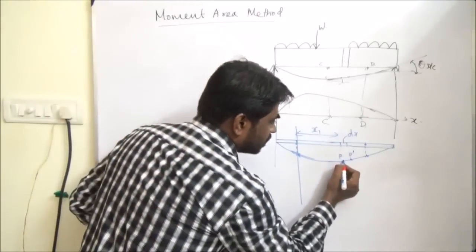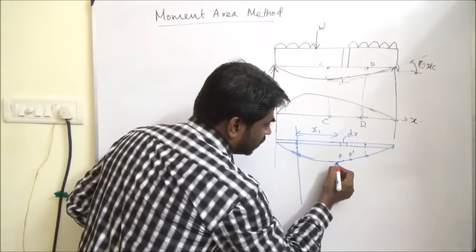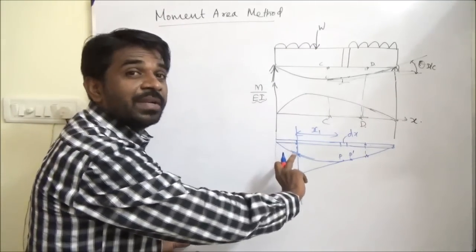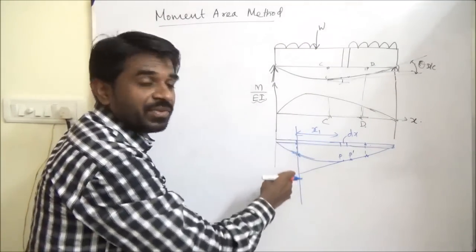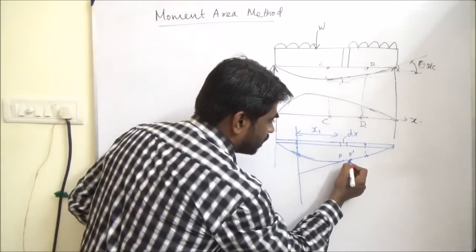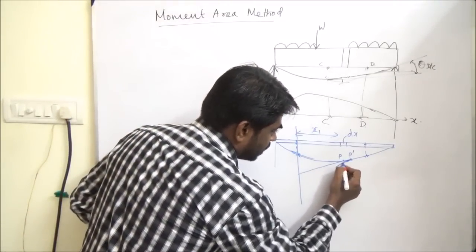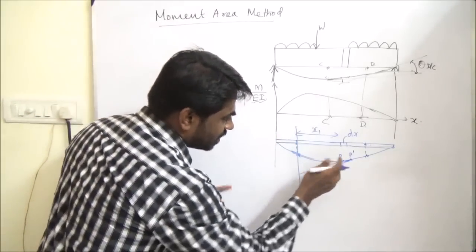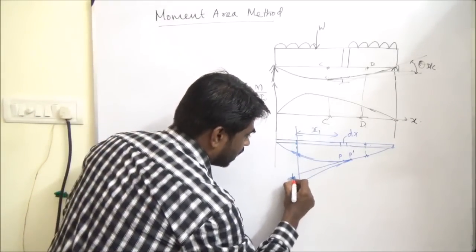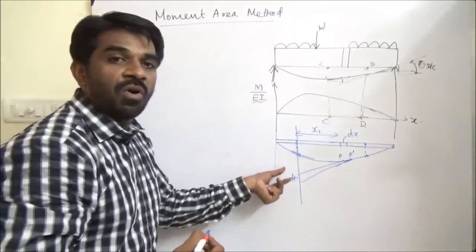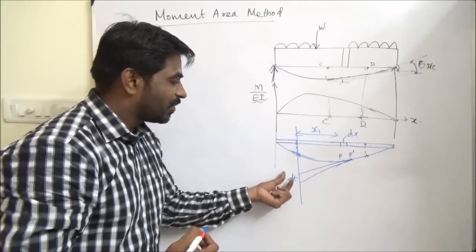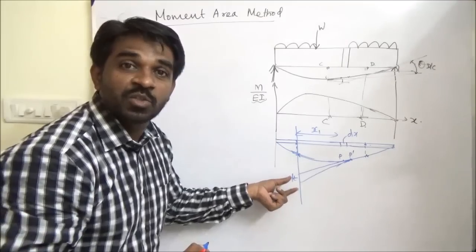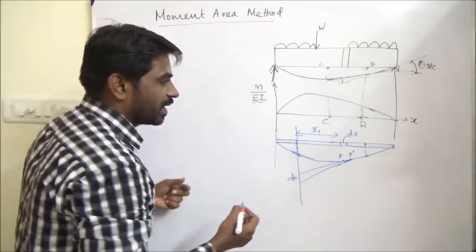Now if I am taking the tangent to this vertical axis, because I want the deflection, and I'm projecting this, okay, maybe the line is not straight, nevertheless, and let this be a small tangential deviation, okay.